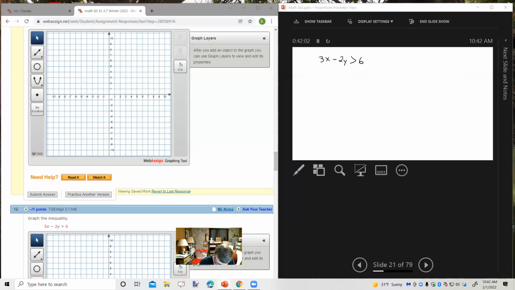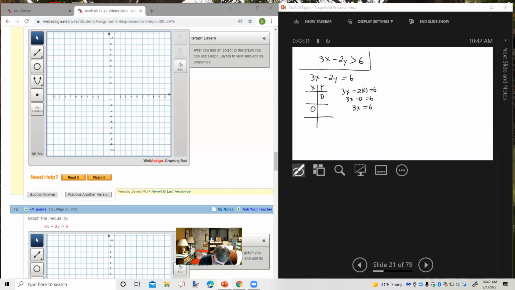So I'm going to consider the equation 3x minus 2y equals 6 to find where I would plot that line. Okay, again, I'm using the intercepts. If y is 0, 3x minus 2 times 0 equals 6. 3x minus 0 equals 6.